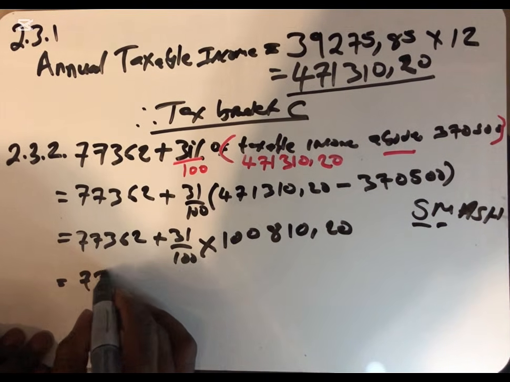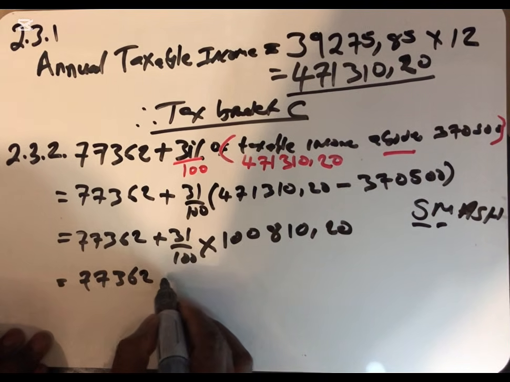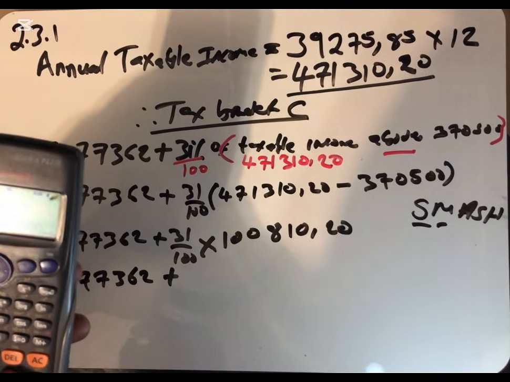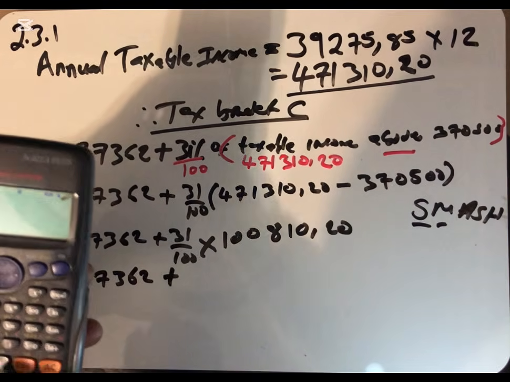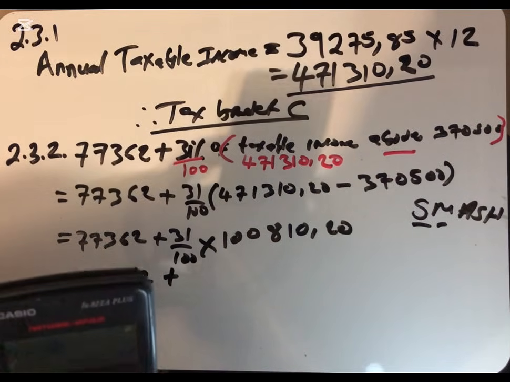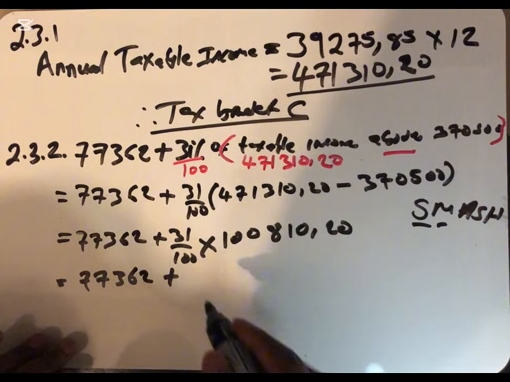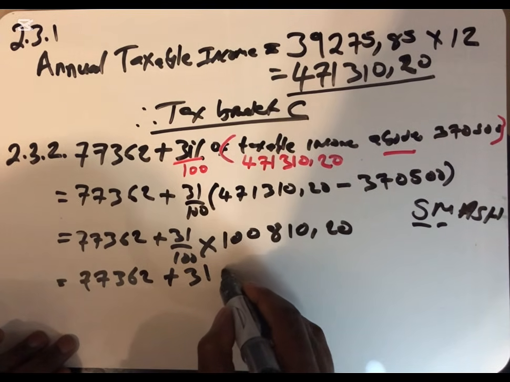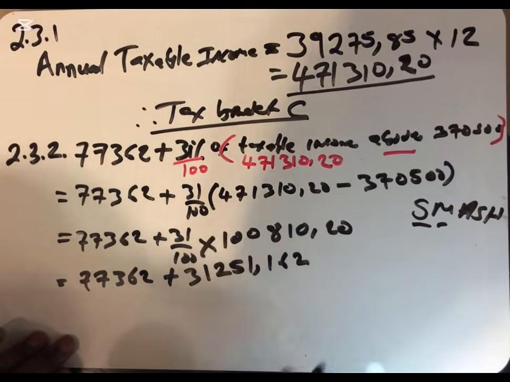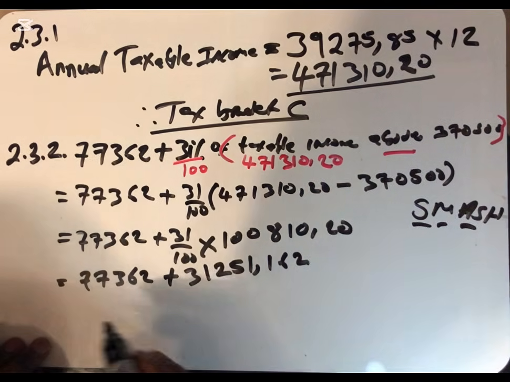Now we go to M, which stands for multiplication. We're going to say 77,362 plus, let's do the multiplication, the amount that we have multiplied by 31 over 100. We found that it's 31,251.162. Then we go to A, which is addition.